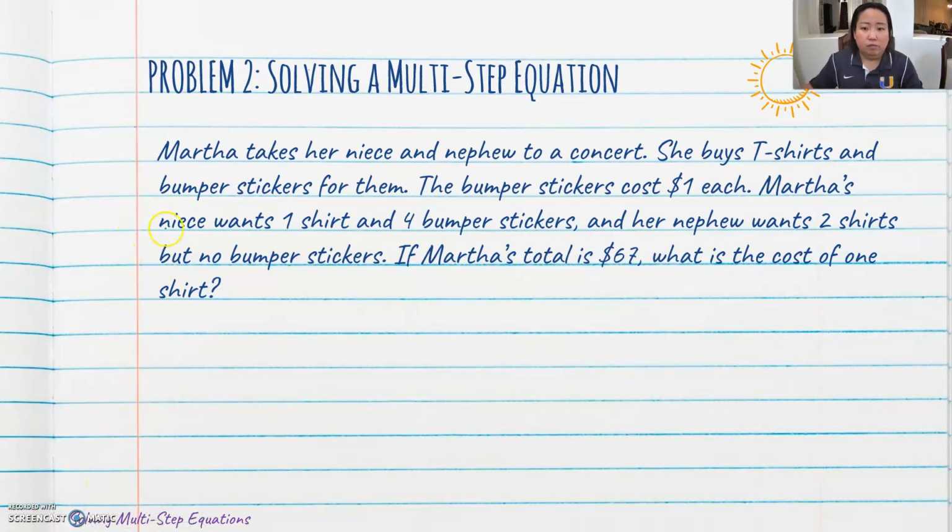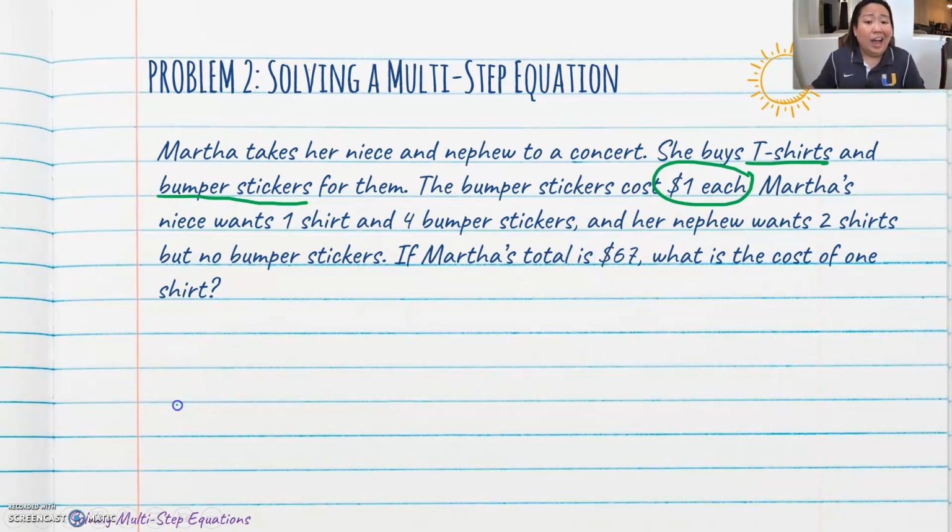Let's identify some important values here. We know that we have two different items that they bought, the t-shirts and the bumper stickers. Now do we know the price of these items? According to the problem, the bumper stickers are $1 each. So the number of bumper stickers is how much money was spent on that.